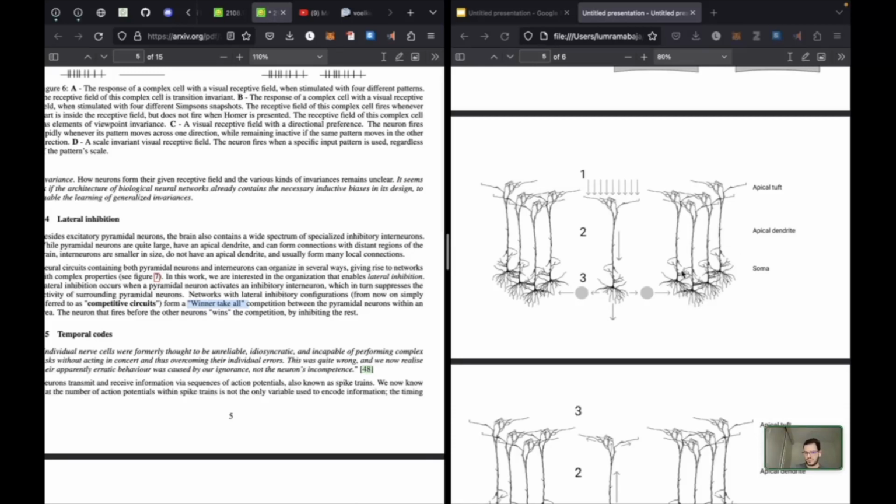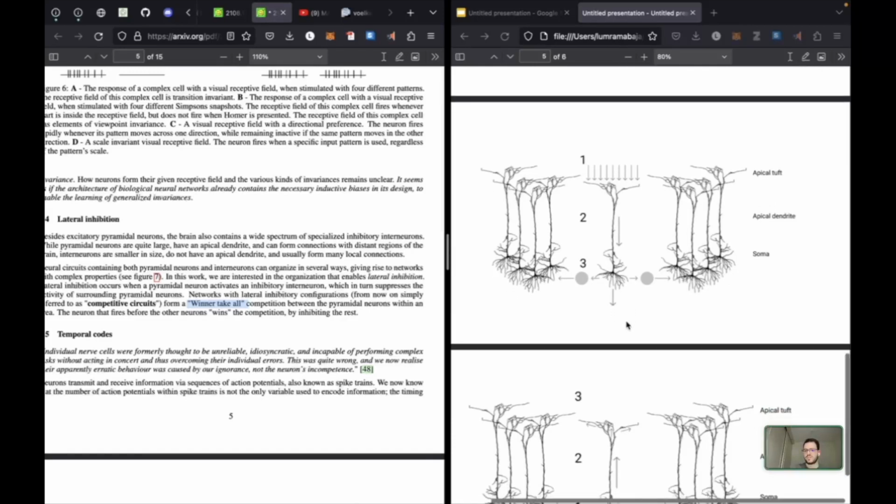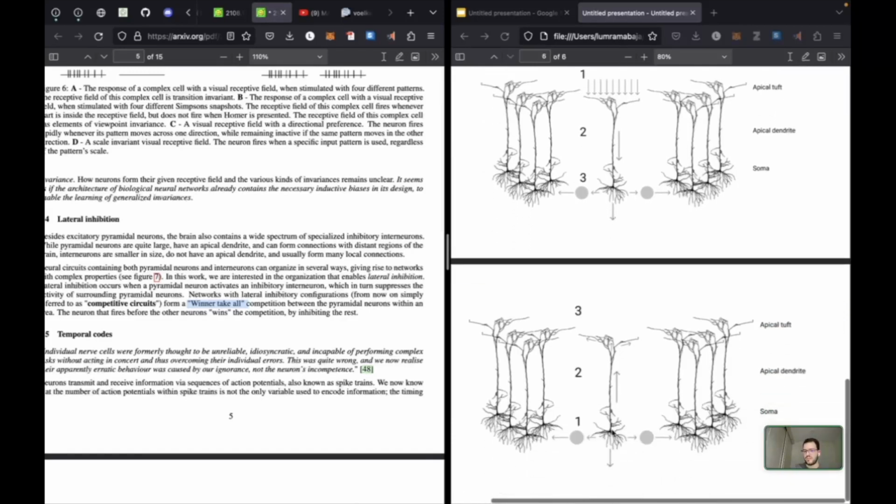And now comes the interesting part. Once this is done, the back-propagating signal of the winner notifies all the dendritic spines to become a little bit more similar to the input that they received.